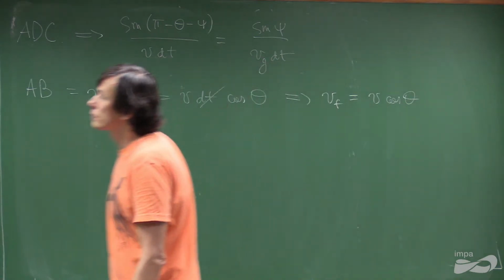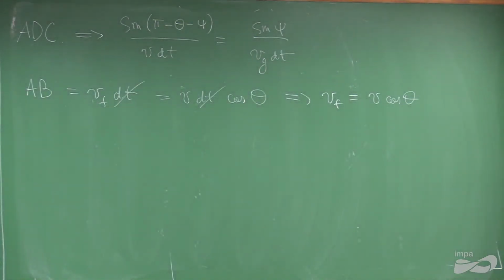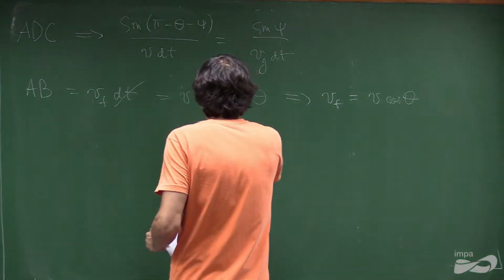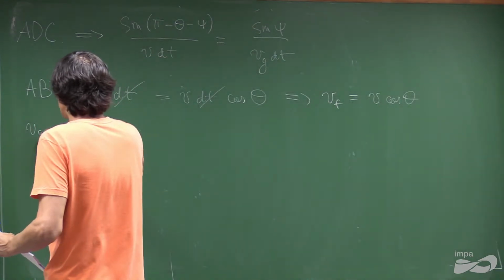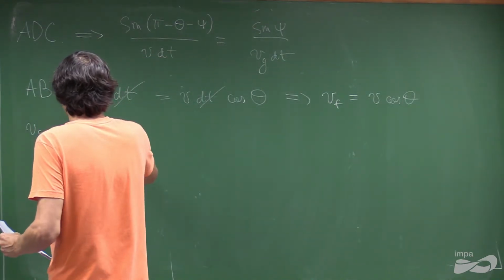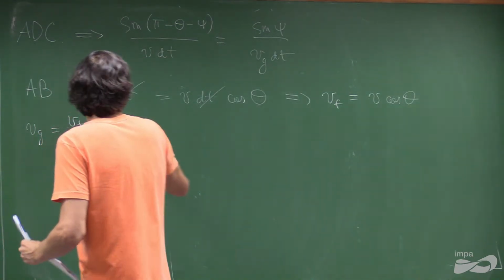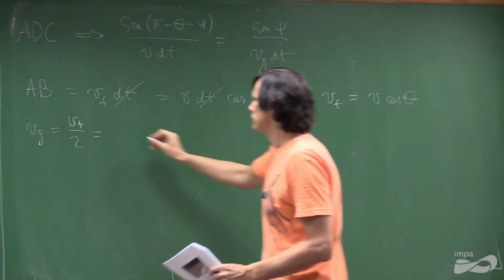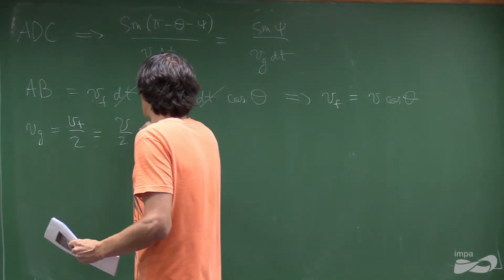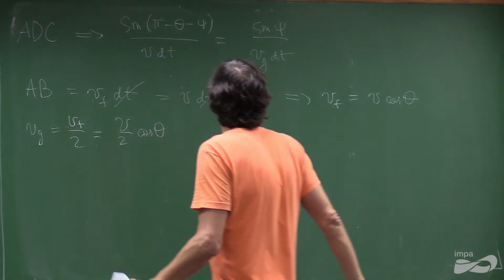And we know that group speed is half of the phase speed, so we can compute it as V over 2 cosine theta.